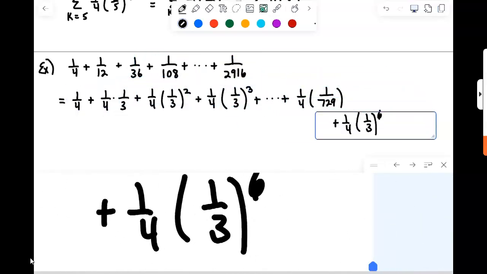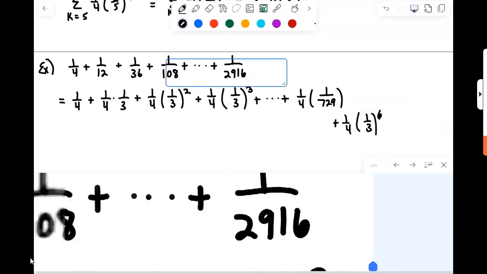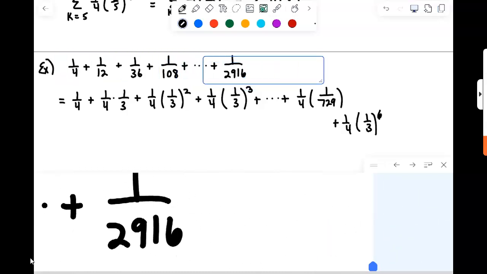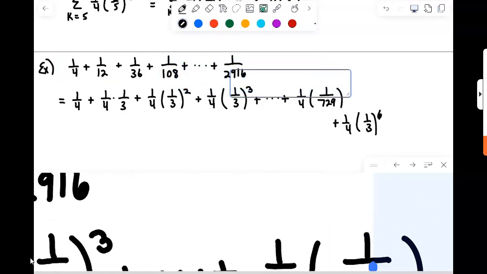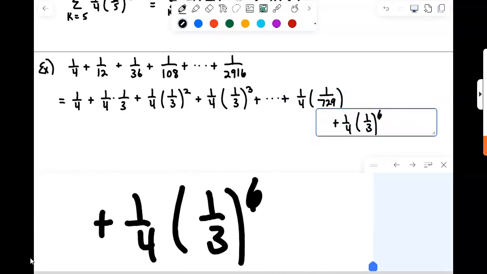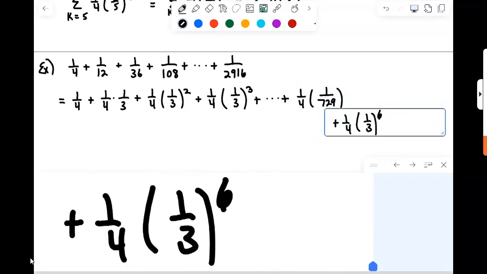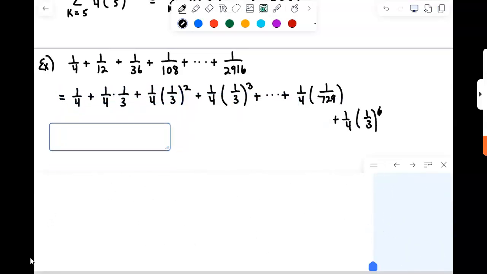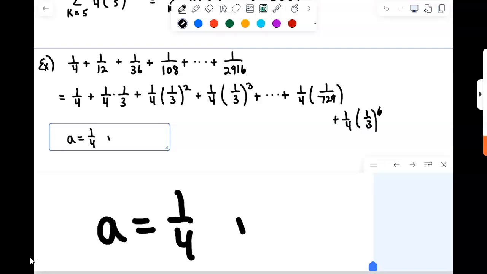If that didn't fit that pattern, then this wouldn't be a geometric sum, and I would have to just pretty much add them up. But it has to fit the pattern, otherwise, what are we doing here? So that I can just write that as 1/3 to the 6th. And so we recognize that what we're really adding is the sum. So now we recognize A is 1/4, and the ratio is 1/3.